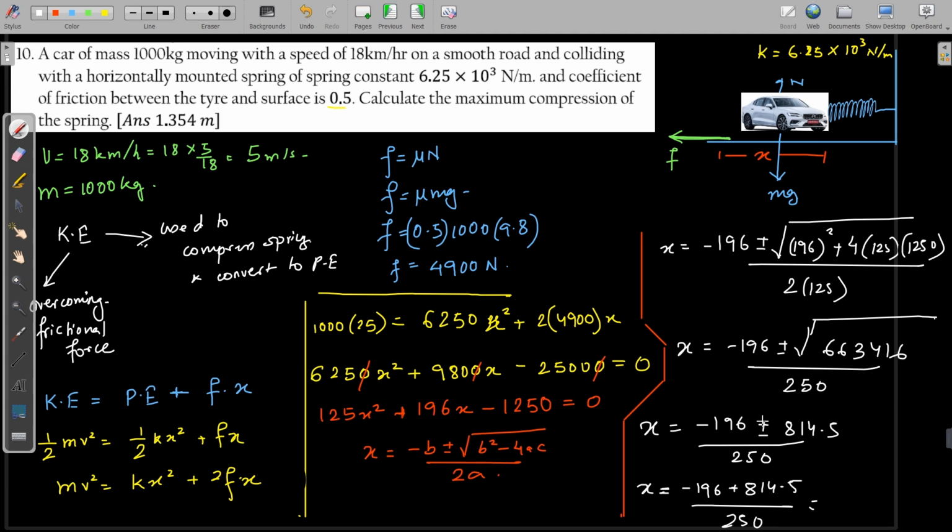So we are getting 814.5 minus 196 divided by 250, which is 2.474 meter.